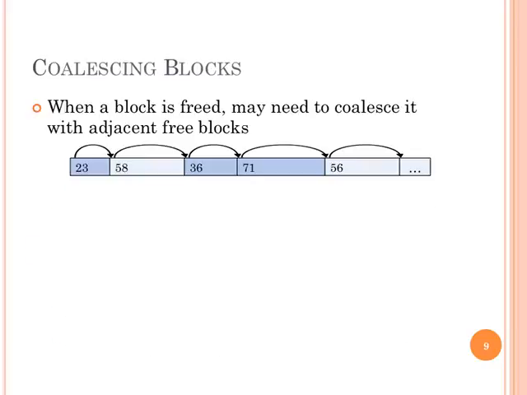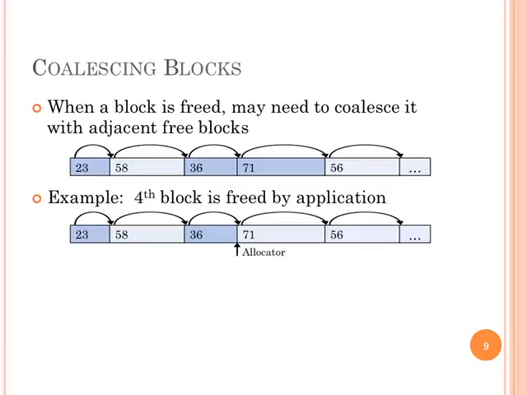So yeah, when a block is freed, you need to coalesce it if there are any adjacent free blocks. In this case, we have our fourth block, the block with 71 bytes, which probably would have been padded out to something else. That one gets released, and so the allocator has to go in and say, well, is the subsequent block free? Is the previous block free?